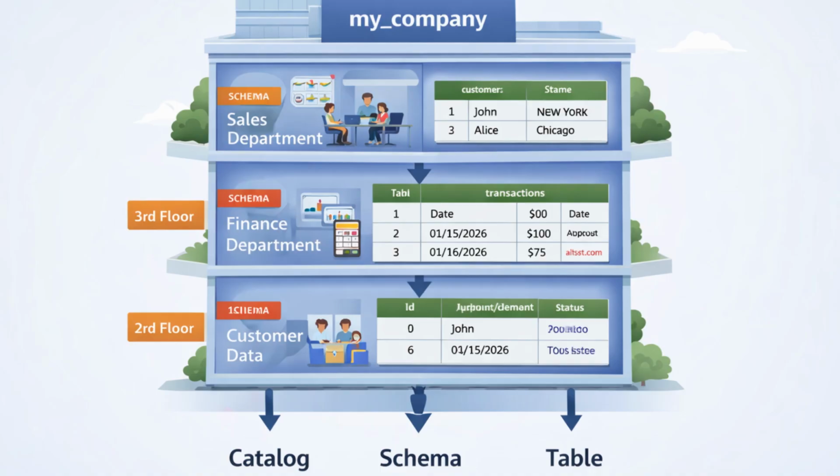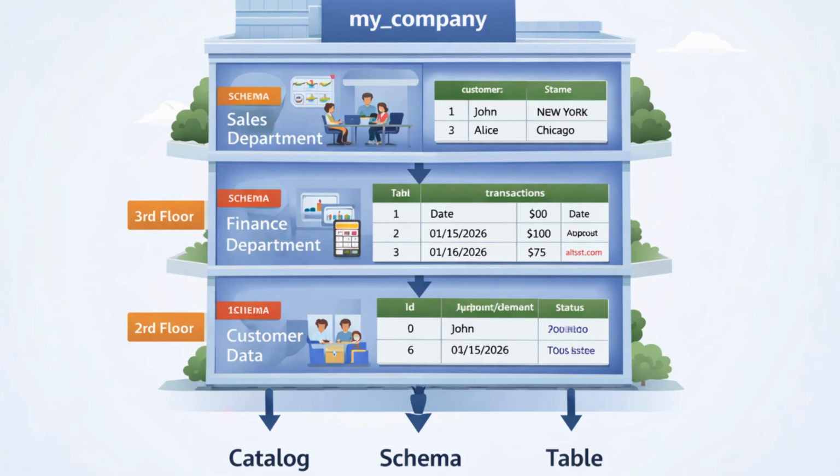Let me clarify what exactly Unity Catalog is with a real world example. Unity Catalog works in a simple hierarchy, that is catalog, schema and table. Imagine a big office building. The whole building is called a catalog, and inside the office building there are floors.